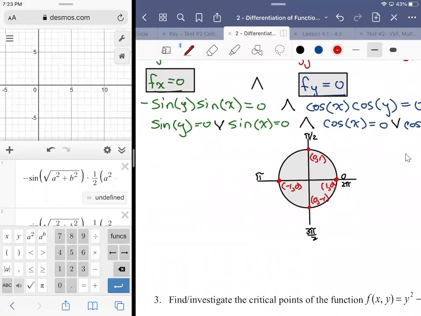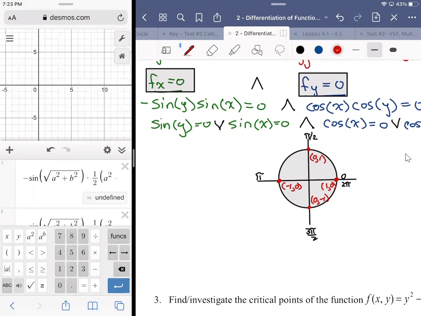So when I'm talking about sine of y being equal to 0, I'm talking about the sine value. Sine is the y in the ordered pairs working their way around the unit circle. So any instance in which the y value is equal to 0 is going to be true.